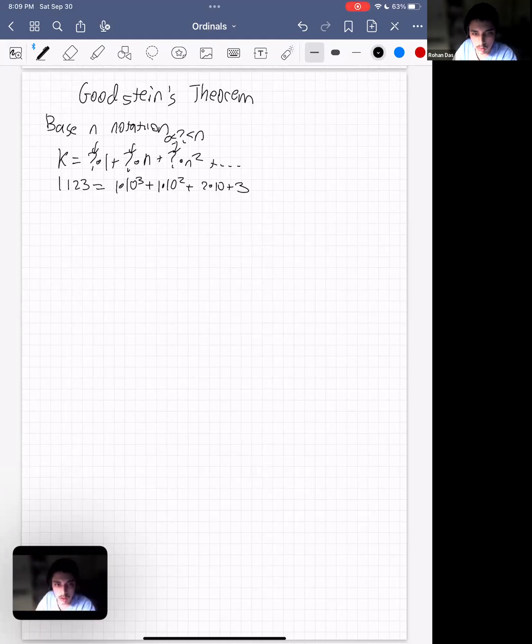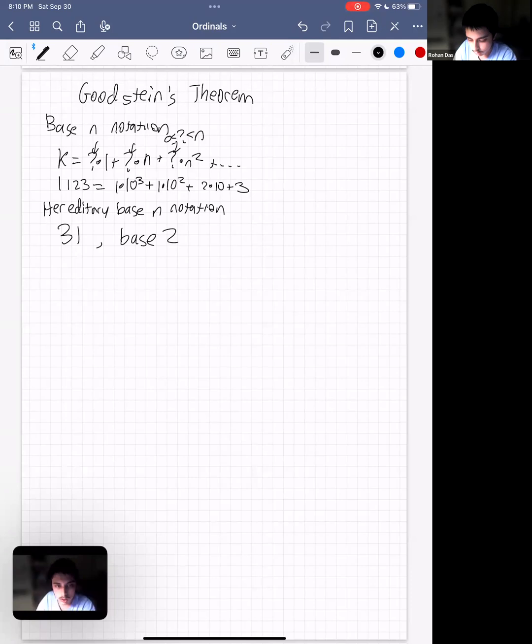And from this, we can extend this to something called hereditary base n notation. And for this, I will be using the example of 31 in base 2.